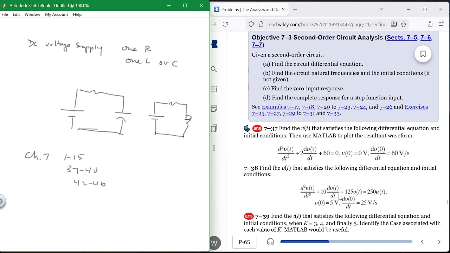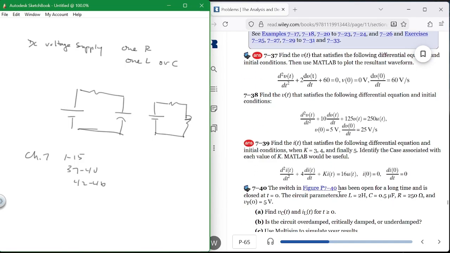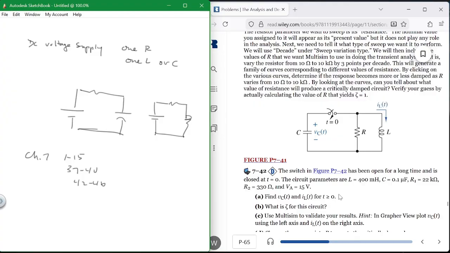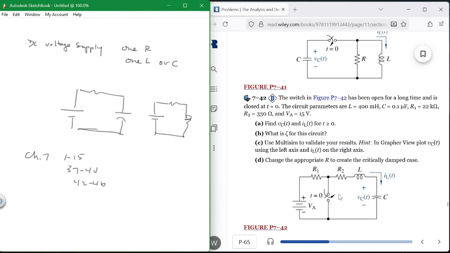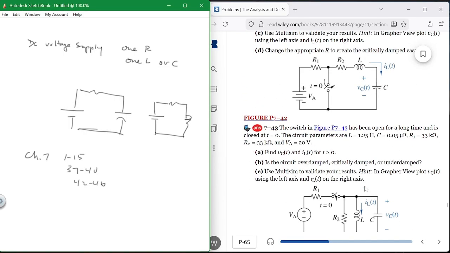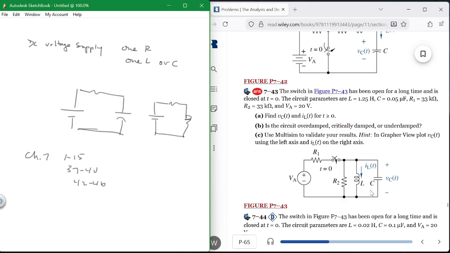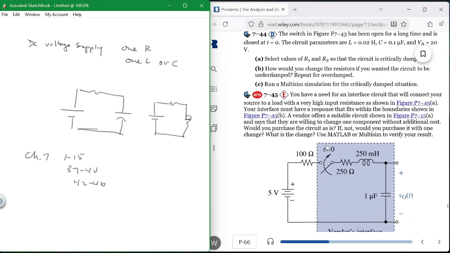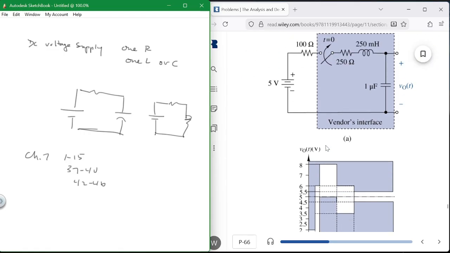Forget about these. Forget about 37, 38, 39, and 40. That part of it, I can do without for right now. 42 is the same as before, but 42 is a good one. 42 is the only one that I'm gonna ask you to do back there, so don't worry about any of these other ones.